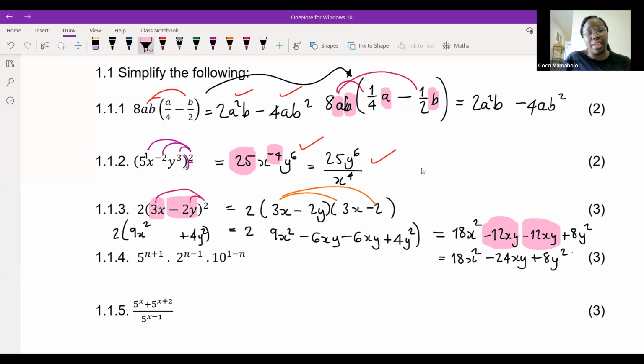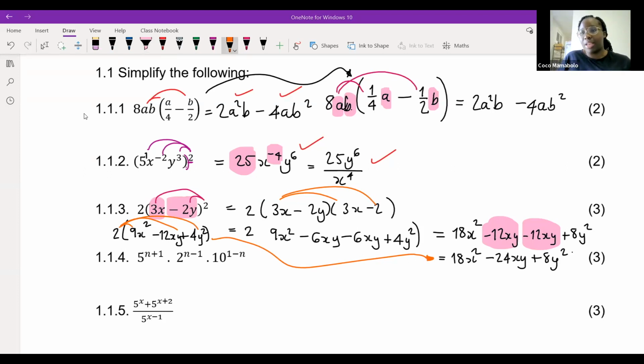That would give me -6xy times 2, which would end up, I would end up with -12xy in the middle. Now, if I then distribute that 2 in, I'm going to end up with that answer over there. Okay.